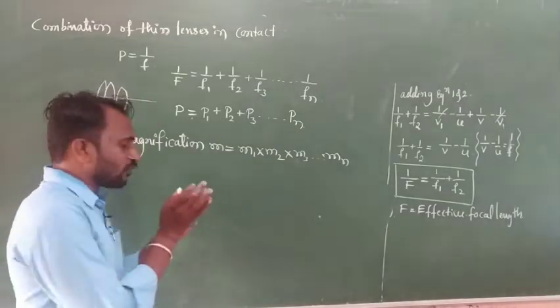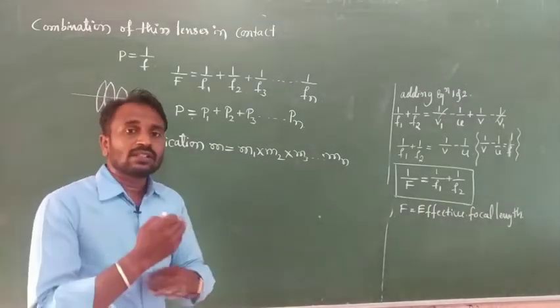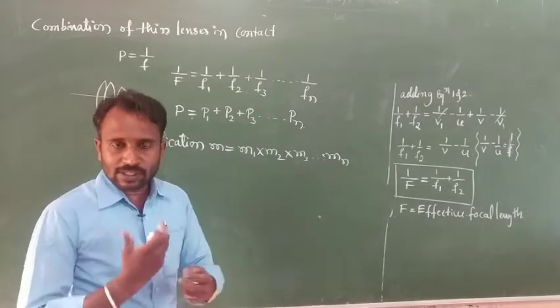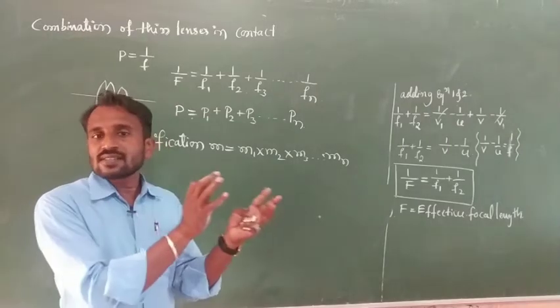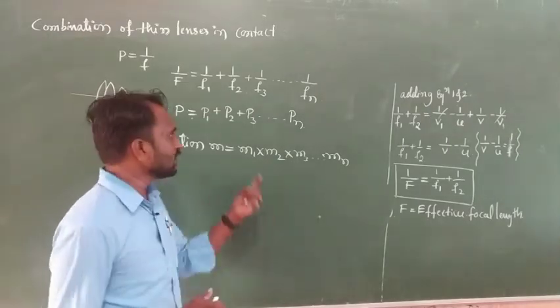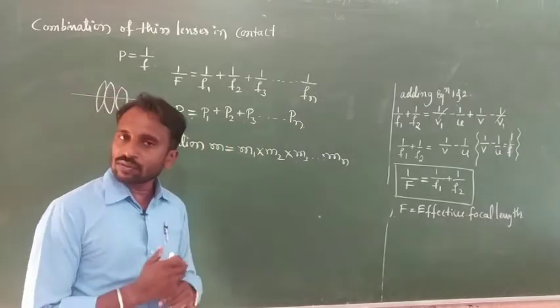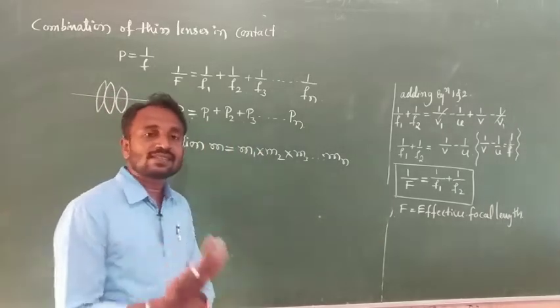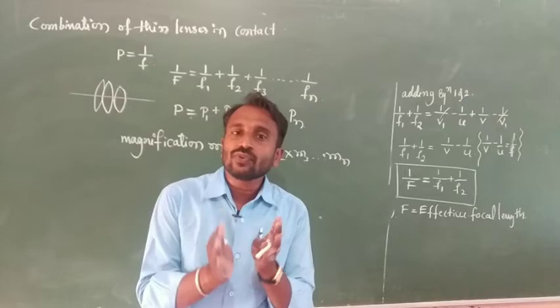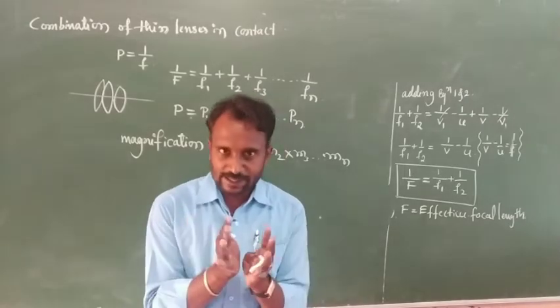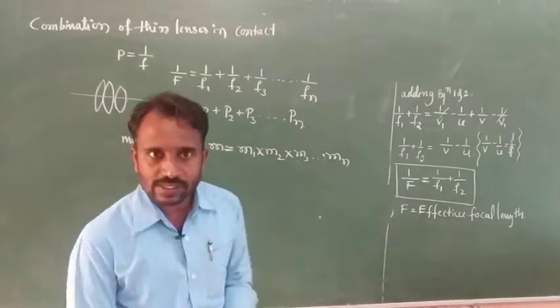When the number of lenses in combination increases, the magnification value increases and the power of the lens also increases. When the number of lenses increases, the effective focal length value decreases. Why?